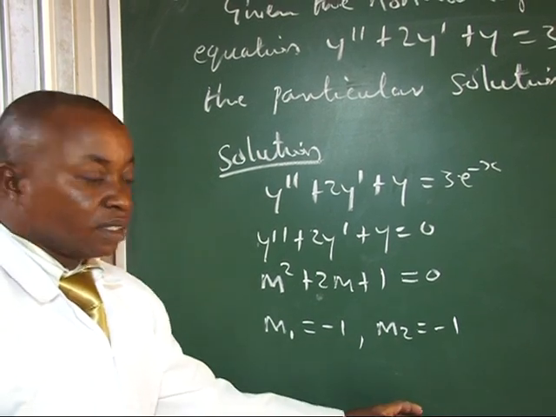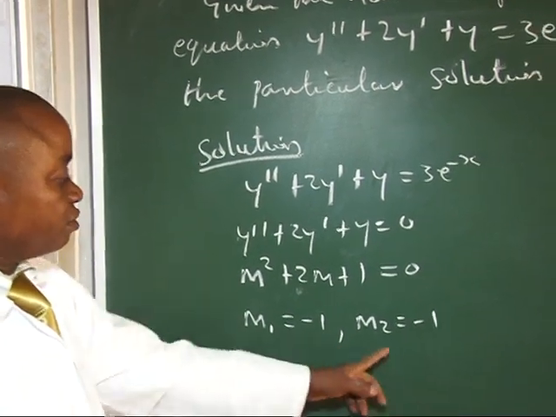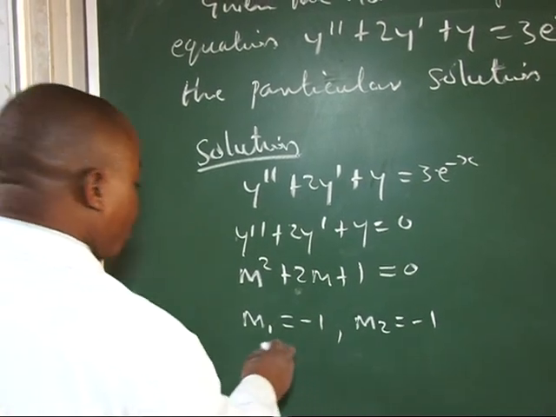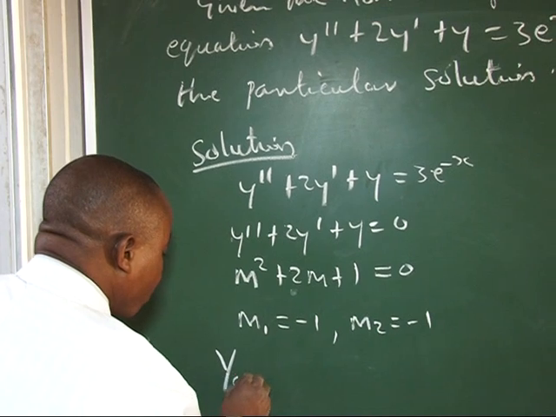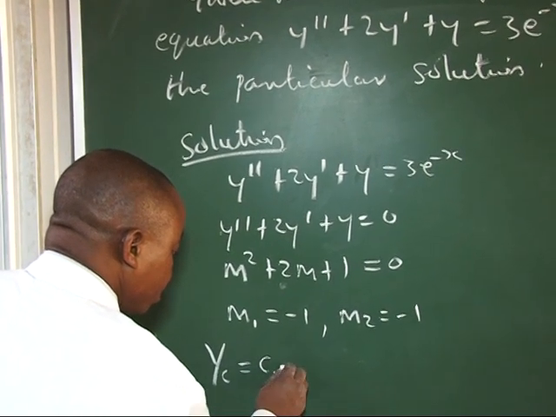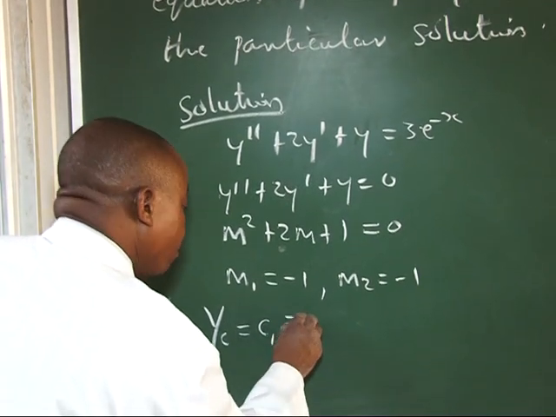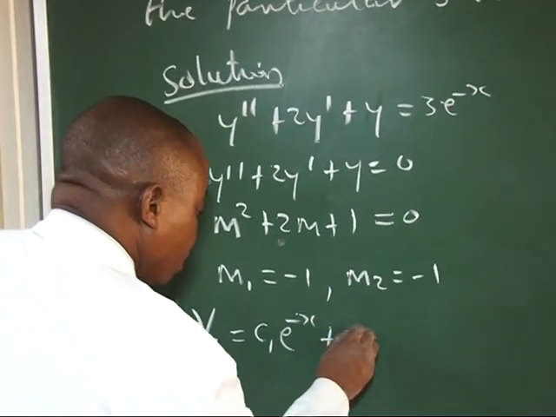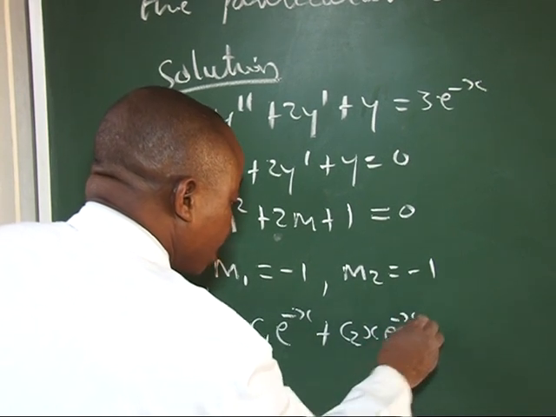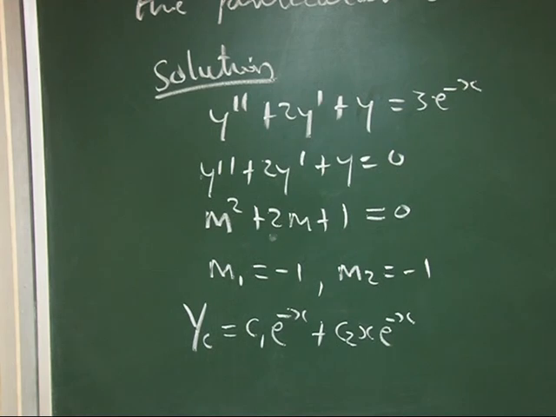This is coincident roots. We have the same thing. And then we see that the complementary function y will be c1 exponential minus x plus c2 x exponential minus x. That will be the complementary function.